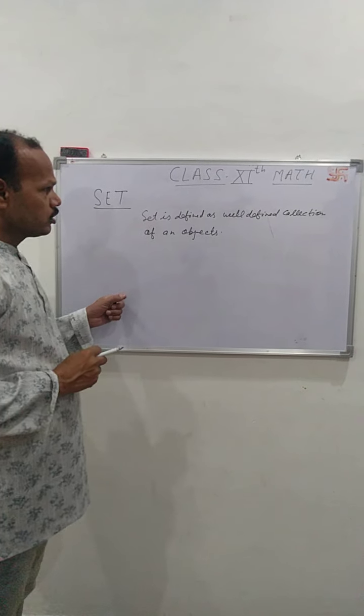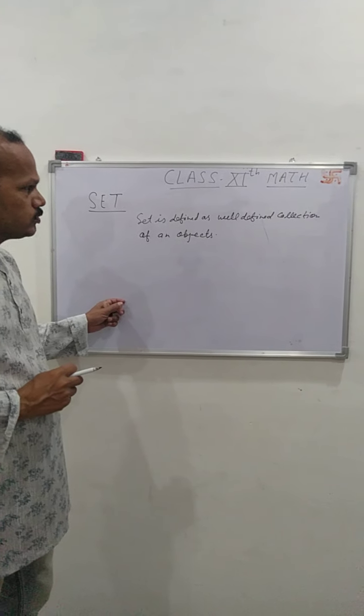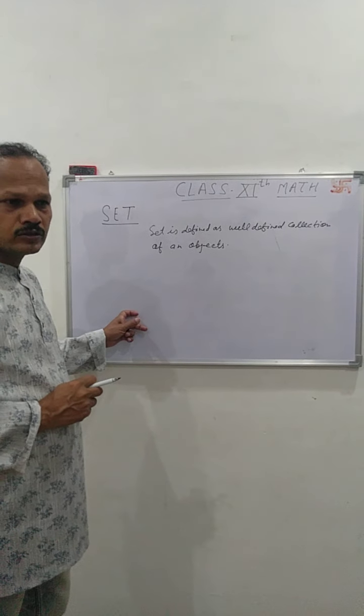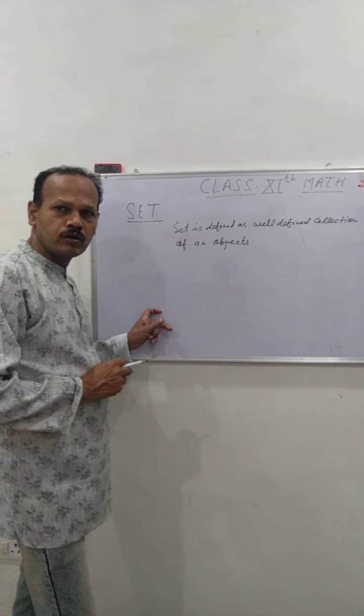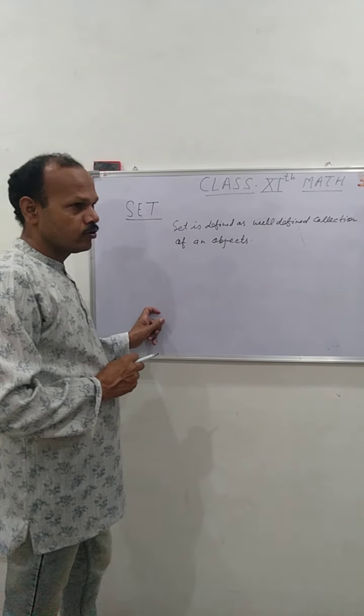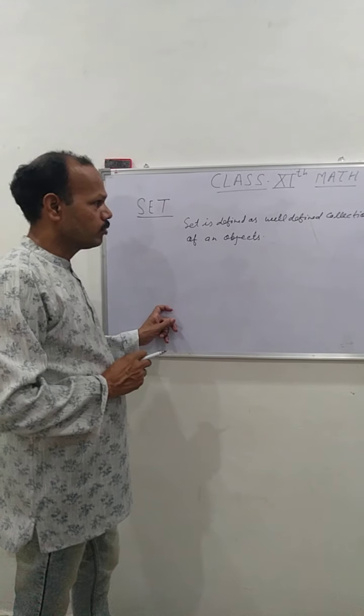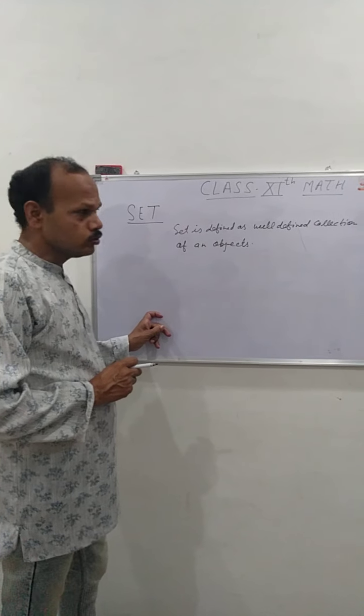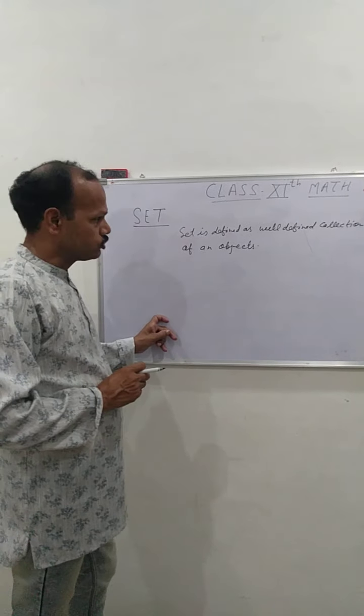Here we use the term collection. Collection means we will take any numbers, even numbers, odd numbers, natural numbers, prime numbers. When we take more than 2 numbers, then that is said to be a collection.